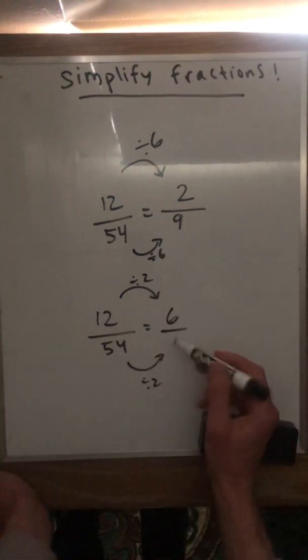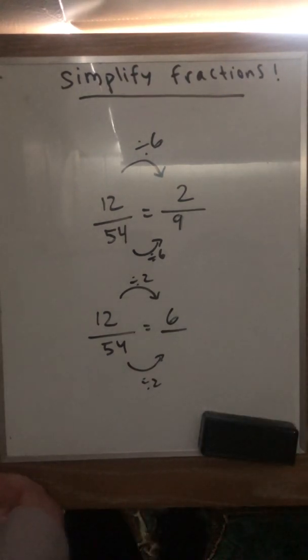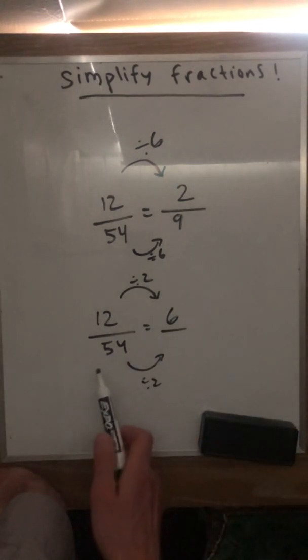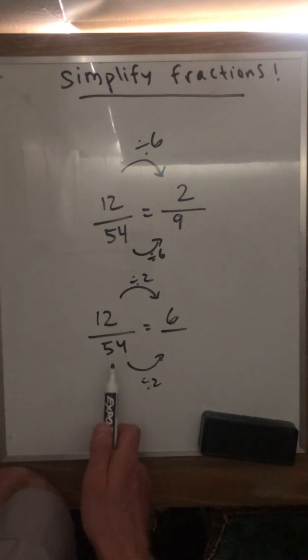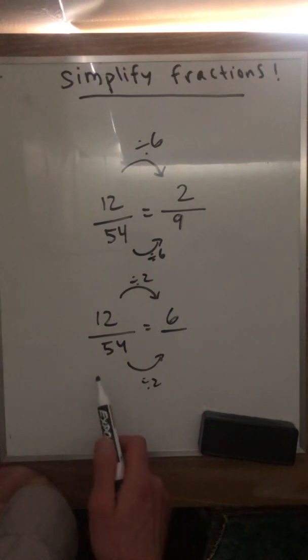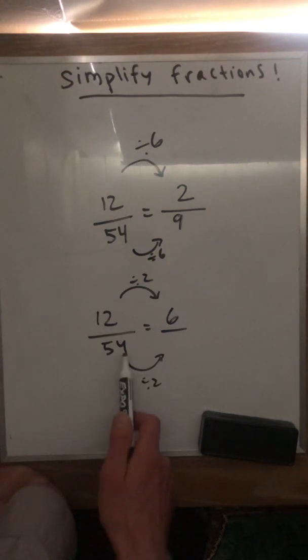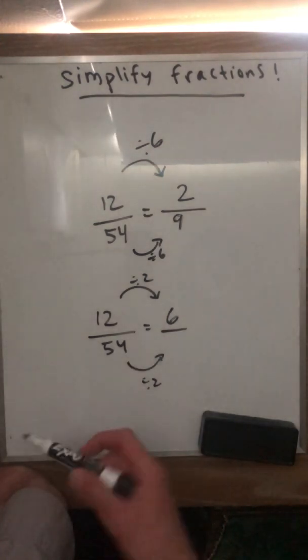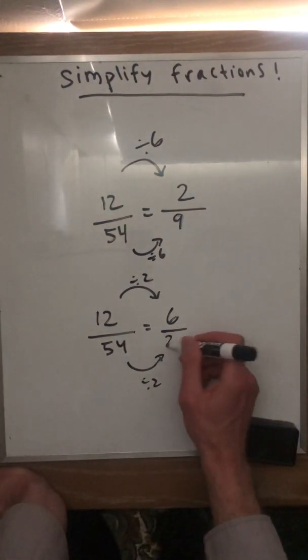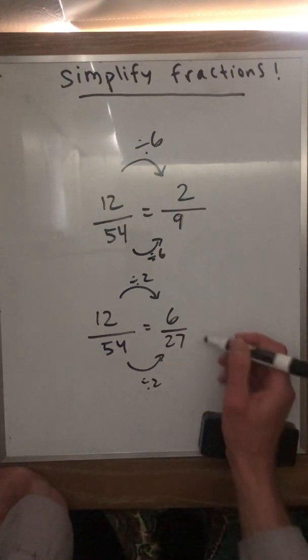Half of 54 is, well, half of 50 is 25. I know that because 50 cents is 2 quarters and 25 cents is 1 quarter. So half of 2 quarters is 25 cents. So 25, and then half of 4 is 2. Add them together, 27.